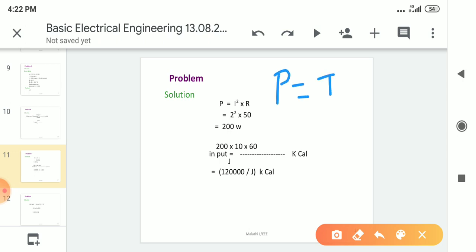P is equal to I square into R. Here I is given as 2 and R is equal to 50. So the value of power is 200 watts.